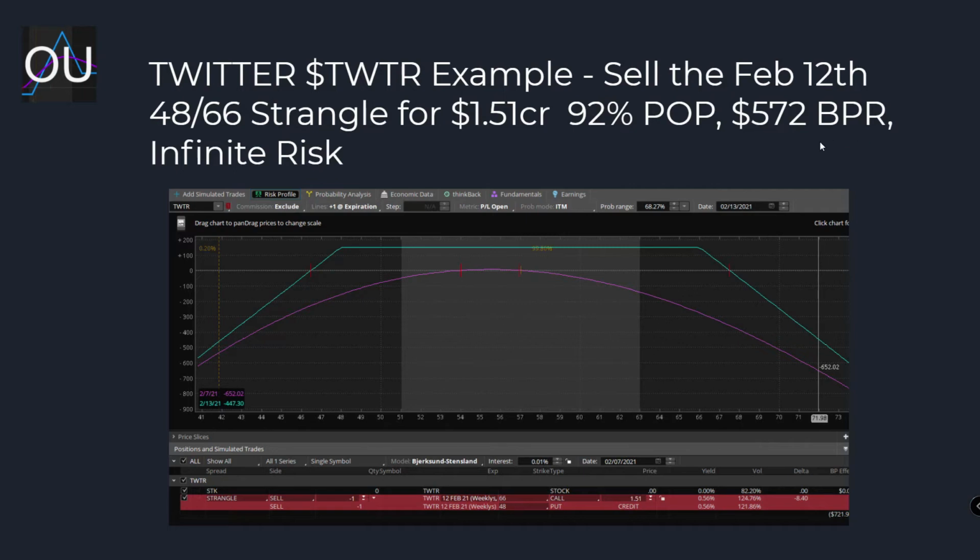infinite risk. So you've got to understand that when we say infinite risk, it really just applies to selling naked puts or naked calls. For earnings events, infinite risk is kind of a relative term. You're obviously exposed, but you're not holding these naked calls or puts for any huge amount of time.